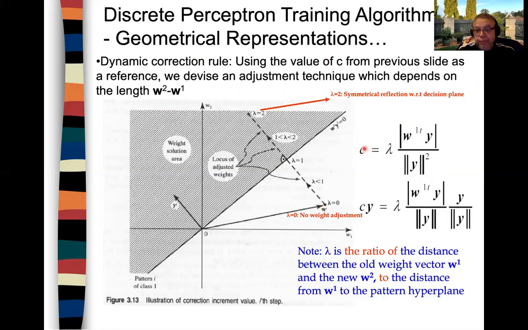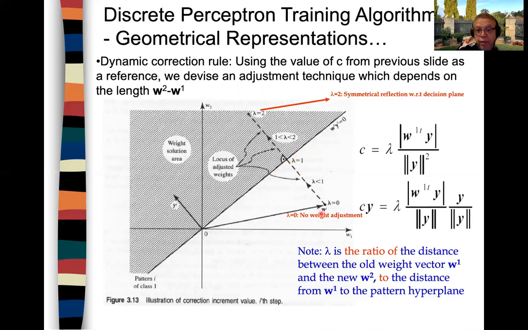So if lambda is equal to 0, there's no weight adjustment. If lambda is equal to 1, that means I'm moving to fall on the decision boundary.